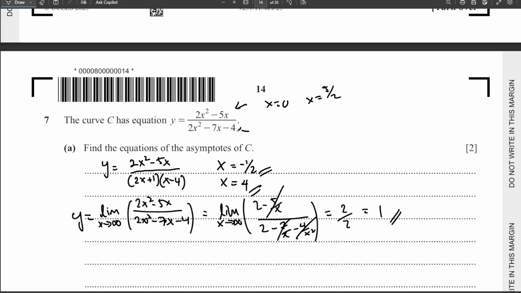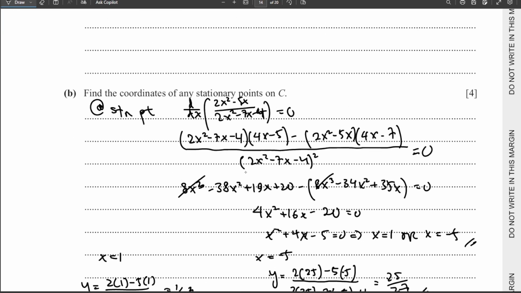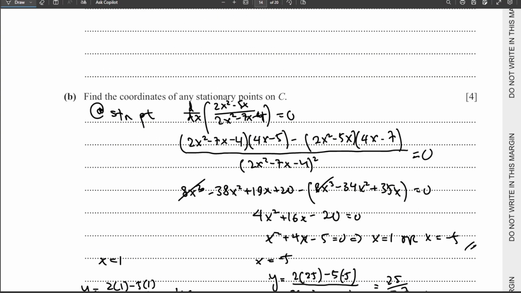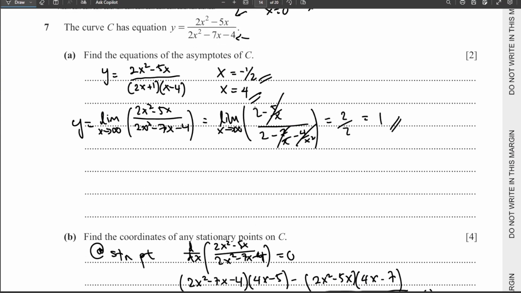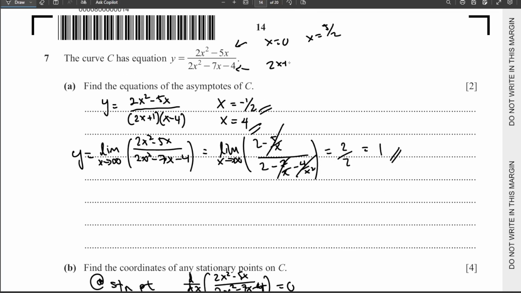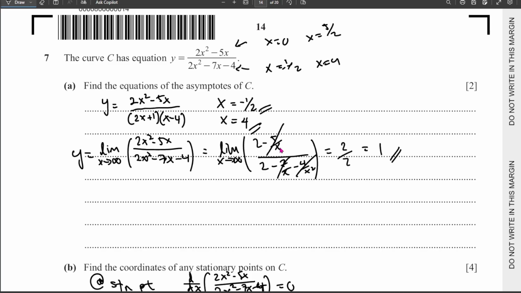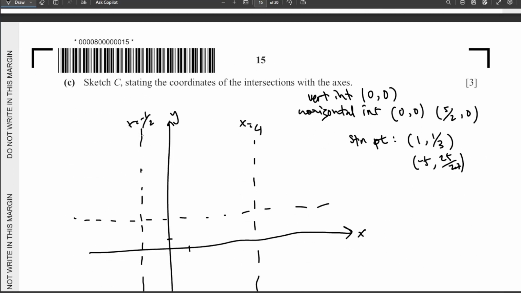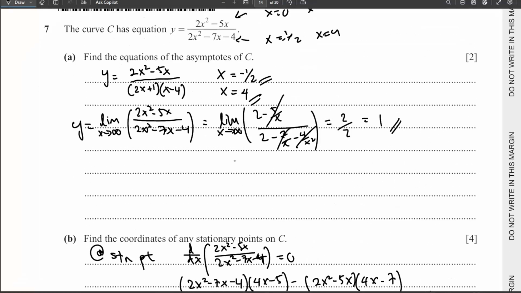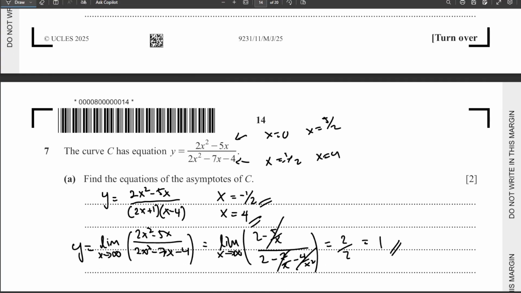And then the bottom one, you have the two roots also, x equals negative half and x equals 4. So within the vertical asymptotes, the bottom one will be negative, but the top one will be positive.